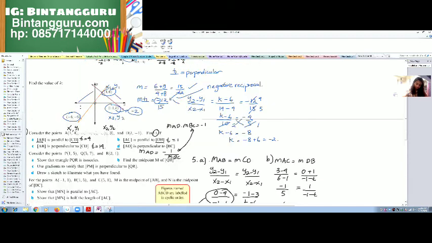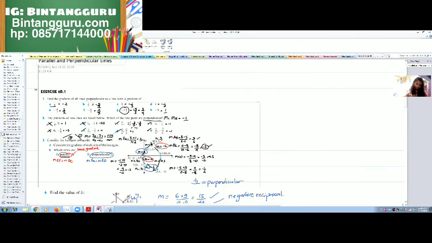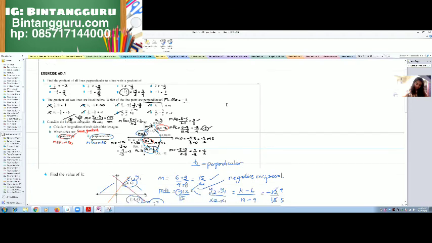Is it correct? Okay, number 1, number 2, that's okay. So number 3, I think the answer will be the parallel one. Is it correct? EF equal to BC. And then perpendicular is FA and AD.